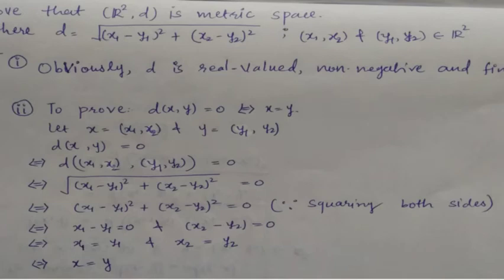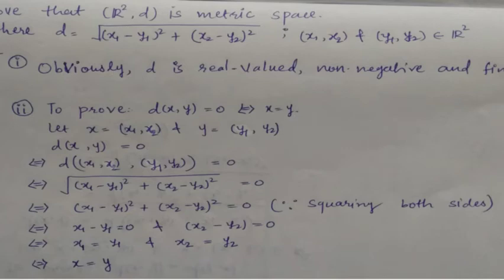Next, we are going to prove that R2 with metric d is a metric space. Here you have the metric d as the square root of (x1 minus y1) whole squared plus (x2 minus y2) whole squared, where the pairs (x1, x2) and (y1, y2) belong to R2.